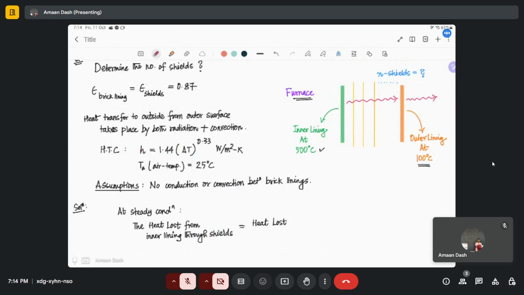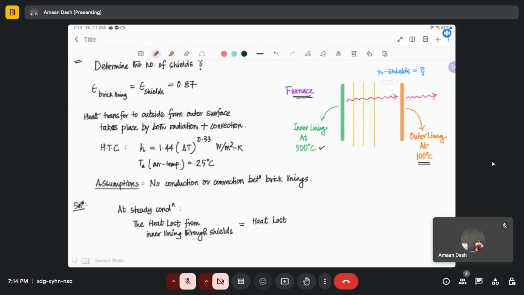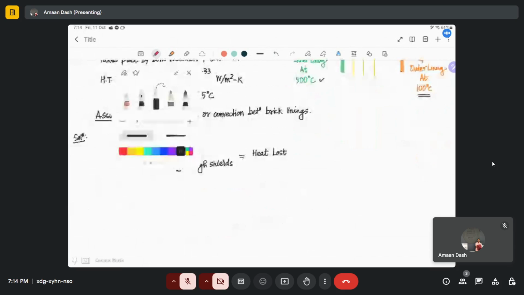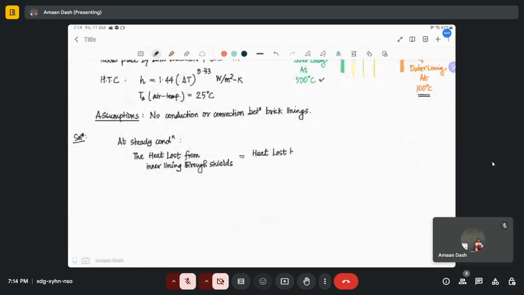So the heat transfer from the inner lining through the shields will be equal to the heat loss from the outer lining to the surface, right? So let's write that so it will be easier.